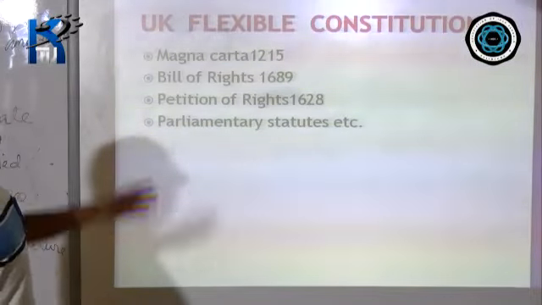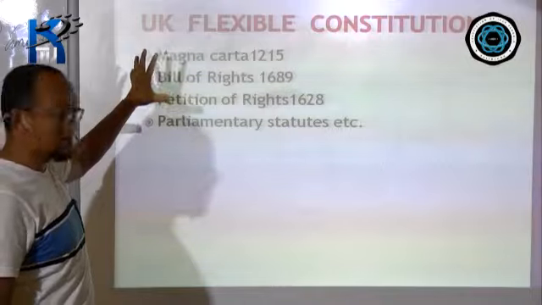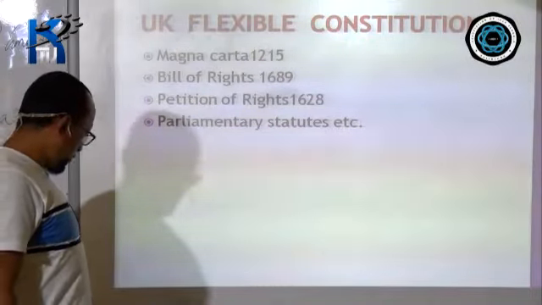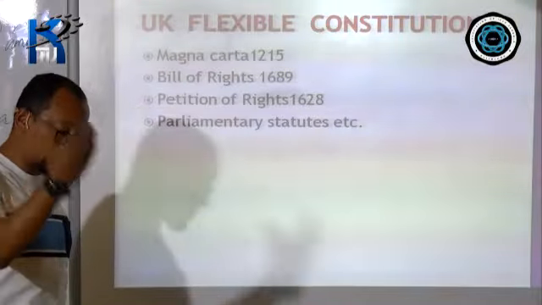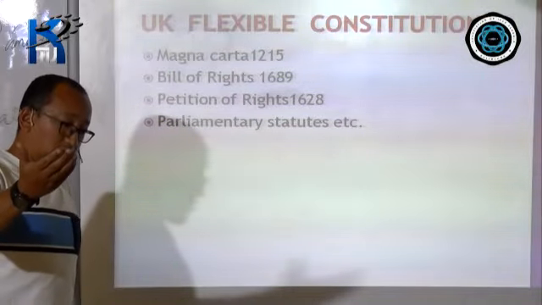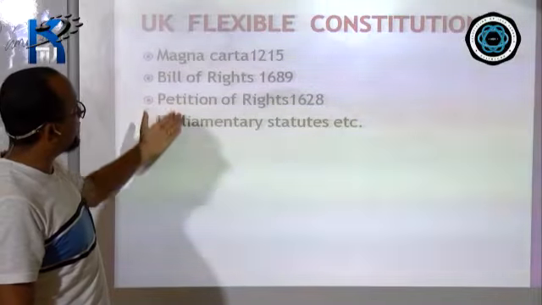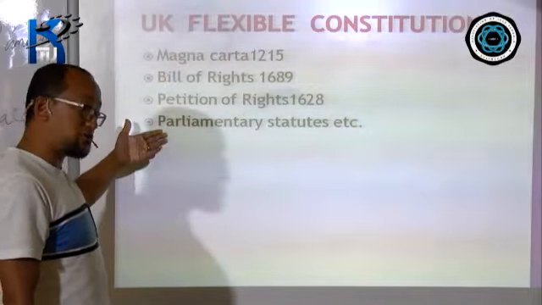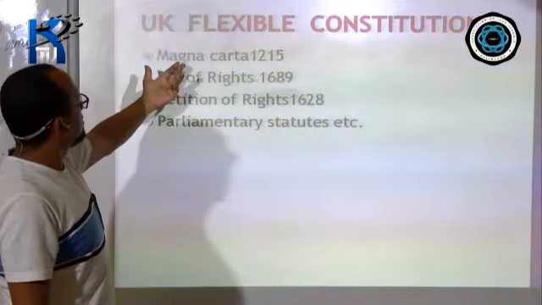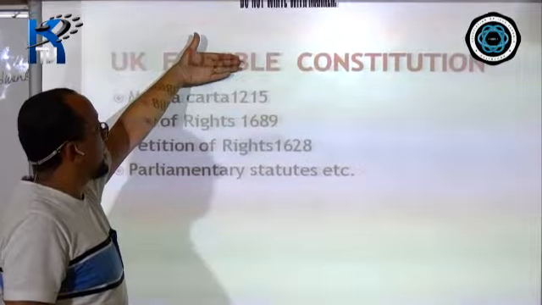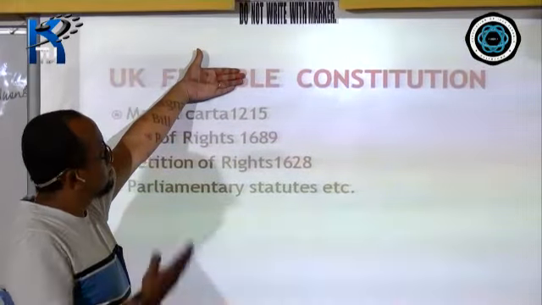I'm sorry with the slide again. I was telling you, when referring to the United Kingdom, I told you the UK Constitution is an unwritten constitution, but there are a few things which you still have in written form, in the form of drafts. The Magna Carta, I told you, the Bill of Rights. Sorry, this should not be flexible, but rather this should be unwritten.